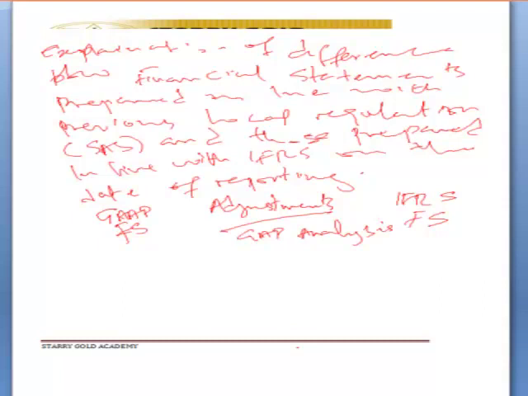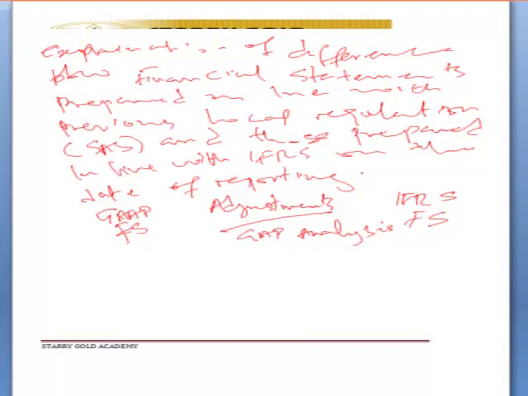So it is a very simple definition. You can define gap analysis by way of a variation between two sets of financial reports. These are the financial statements prepared in line with previous generally accepted accounting practices, in Nigeria the statement of accounting standard, and the one prepared in line with International Financial Reporting Standard on the first date that you are switching to that application. So that is the explanation of gap analysis.